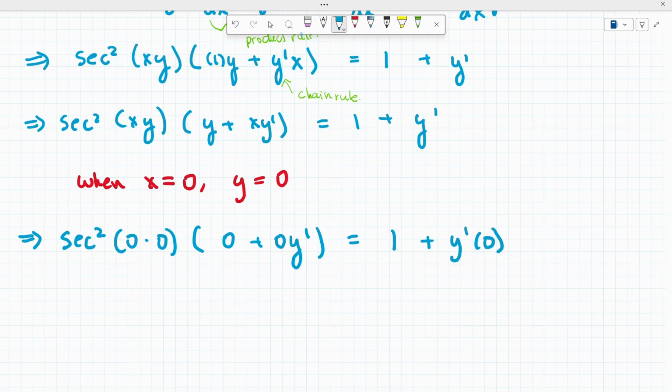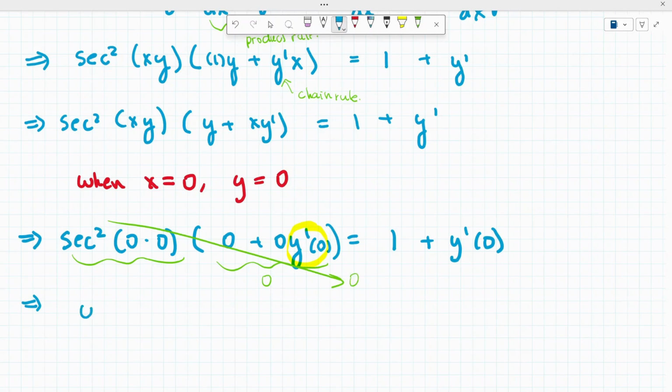So I guess we can add that over here, y prime at 0 there. Okay, so this actually turns into a very friendly problem for us, which is really nice. So we see that our whole left-hand side of the equation just becomes 0. Well, here, this whole thing equals 0, and then anything multiplied by 0 equals 0. So this all goes away to 0.